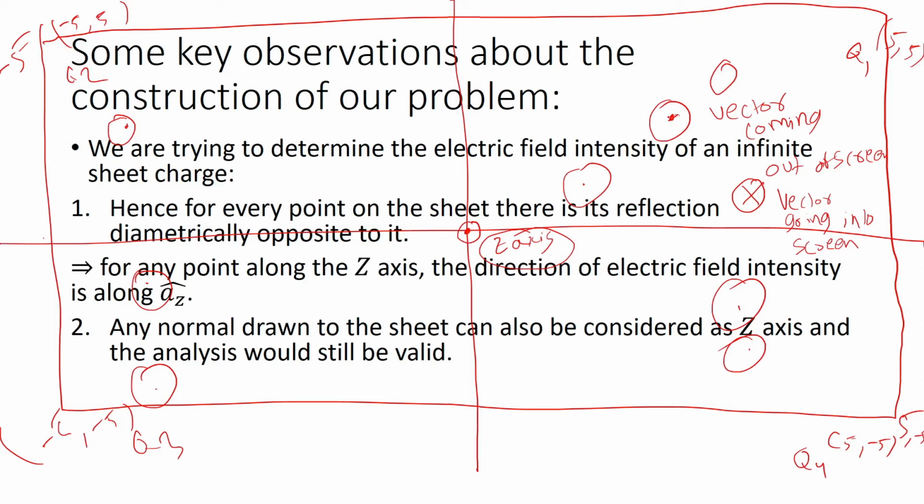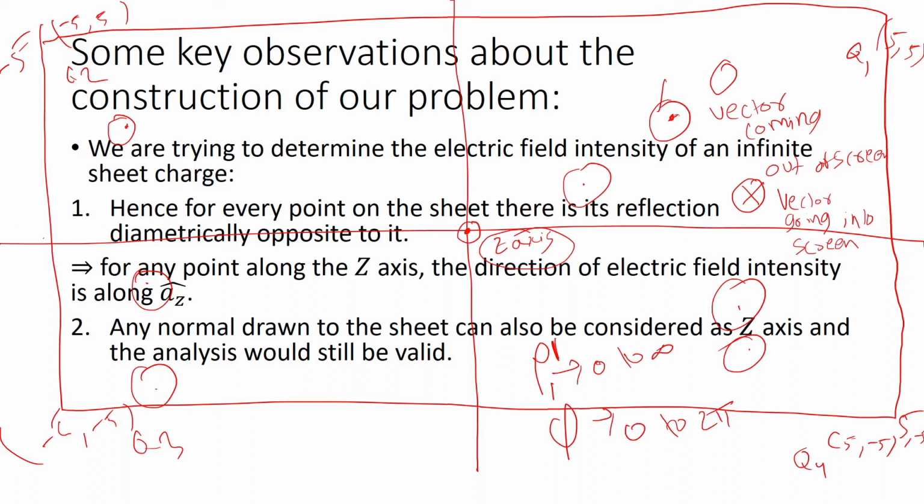Even for this normal, you can have the value of rho ranging from 0 to infinite and the value of phi ranging from 0 to 2 pi. Let me name it as rho dash 1. The meaning of rho dash 1 is the perpendicular distance from this particular normal. I can still have a plane whose limits are from 0 to infinity.